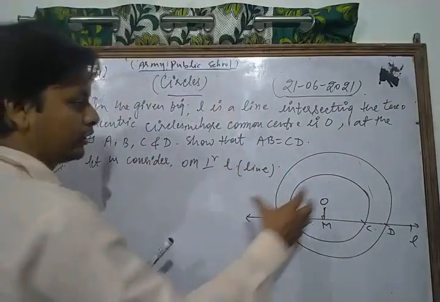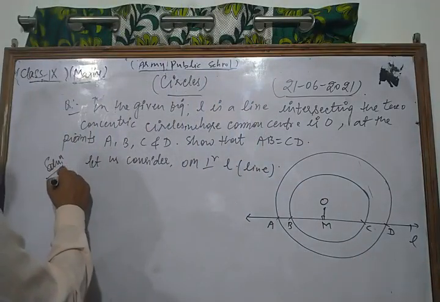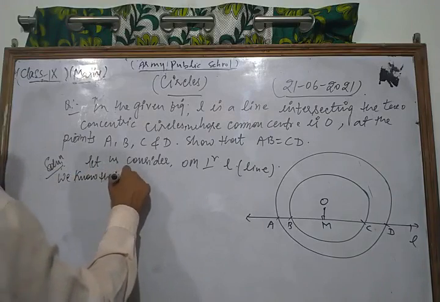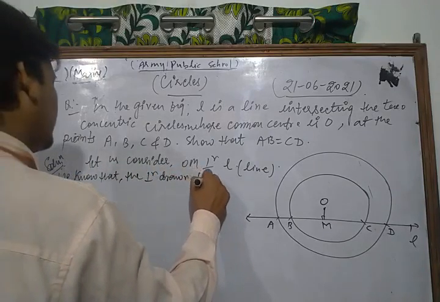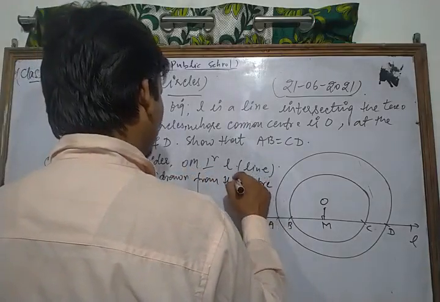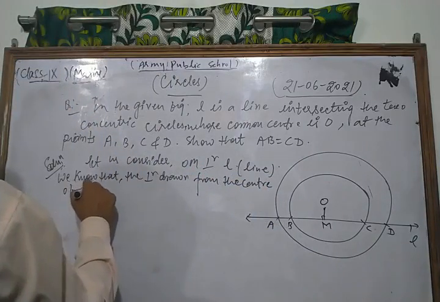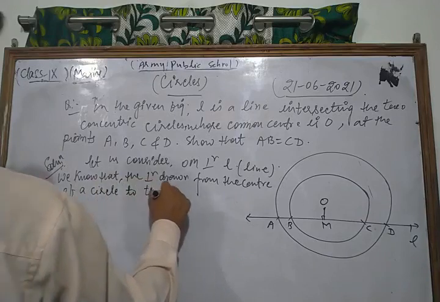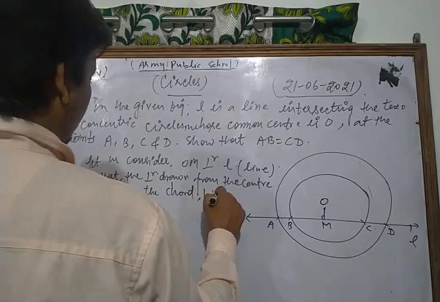So for the inner circle, first of all, we know that the perpendicular drawn from the center of a circle to the chord bisects the chord.